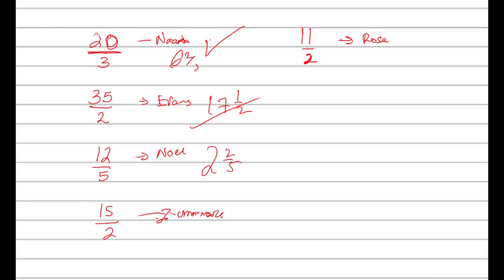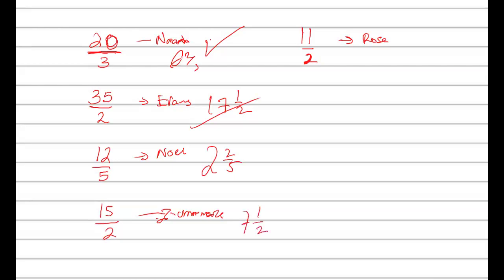What about Morisala for the 4th question? 7 whole number 1 over 2. 7 whole number 1 over 2.